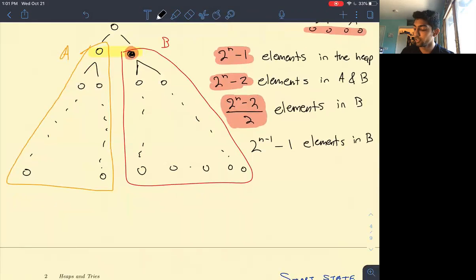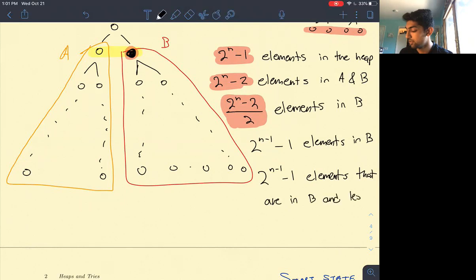The next thing we can conclude is the total number of elements that are less than this element on the second level is everything in B minus 1. So there's 2 to the n minus 1 elements that are in B and less than, let's just call this B sub 2.